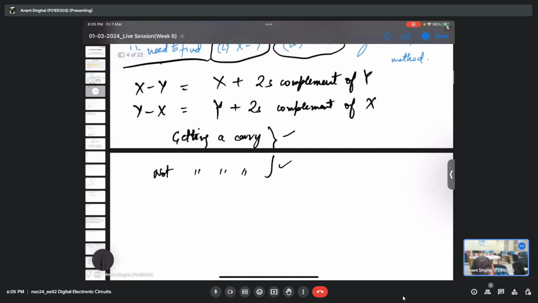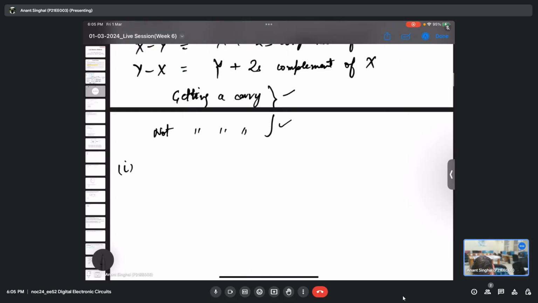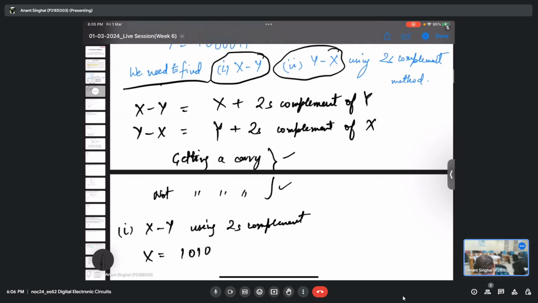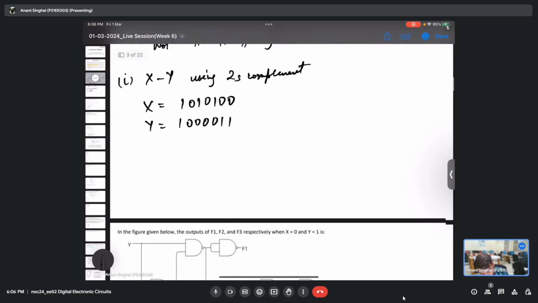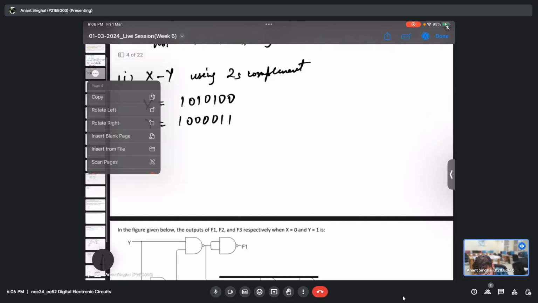The first question is x minus y using 2's complement. I need to write x and y, so I'm writing them. x is 1010100, and y is 1 followed by four 0s and double 1.